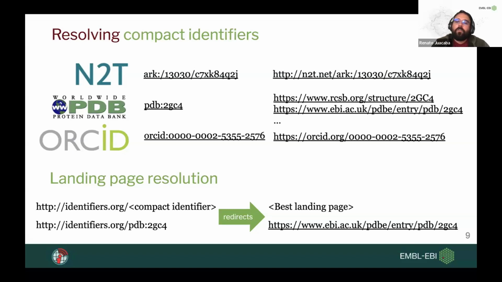And by best landing page, we consider several criteria, mainly availability. So for example, for PDB, we do constant checks on the different URLs available, and we redirect you to the one with the best availability, and other criteria. To give the example of PDB, you can see the URL there. It's going to redirect you to the PDB website.